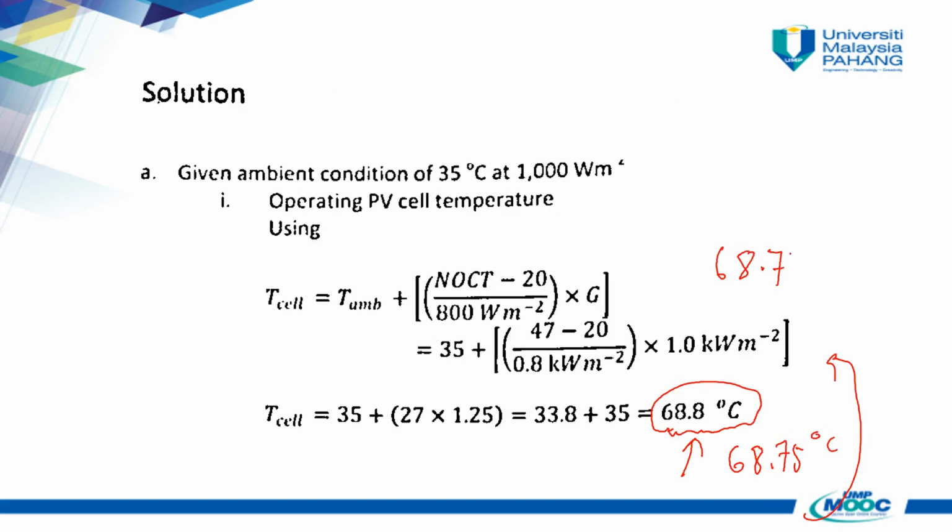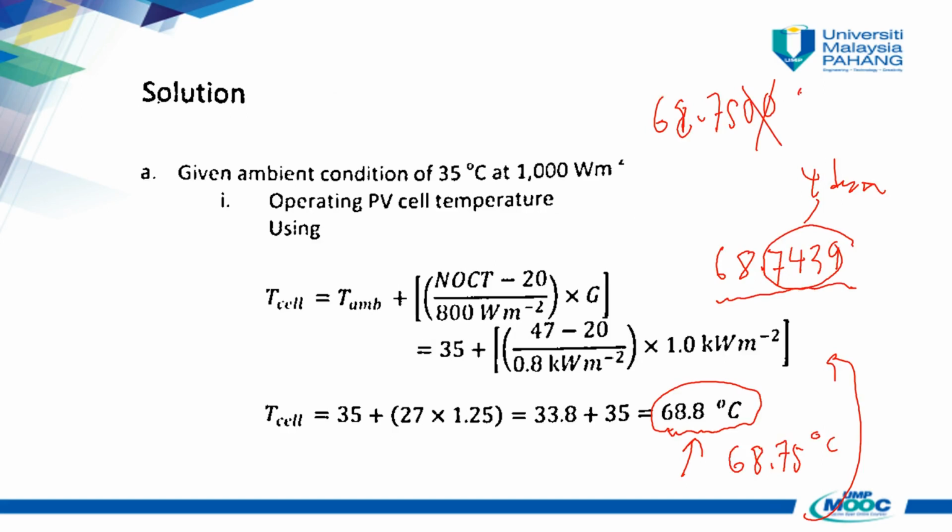For example, if you get 4393, so my preference is 4 decimal. But if you calculate 68.75 and you get the answer exactly 68.75, no need lah to write 68.7500. Just this one is enough. But in case you get this kind of value, 7439, so just write 7439. That is my preference.